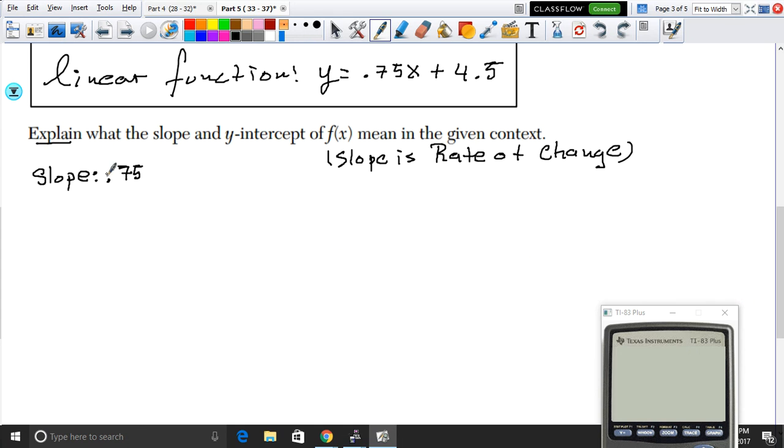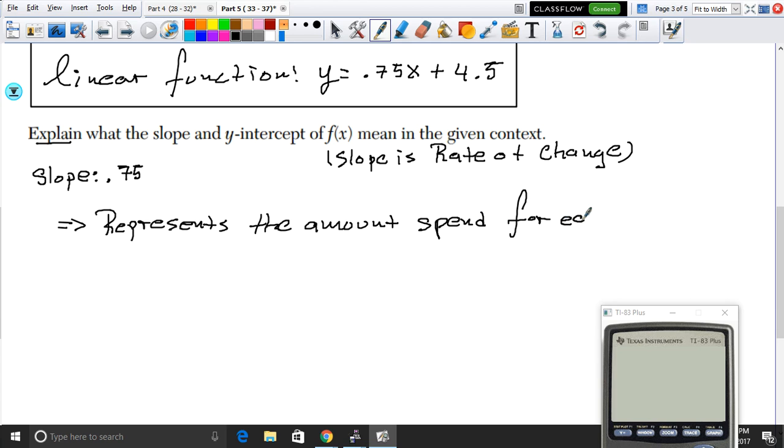So we know the slope is 0.75. Now they're saying that we need to explain this. So in this case, 0.75 represents the amount spent for each card that Tanya makes.